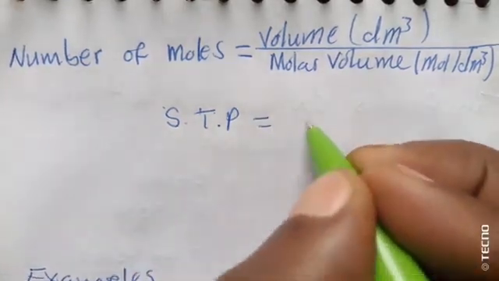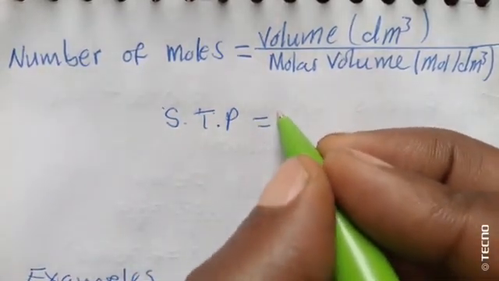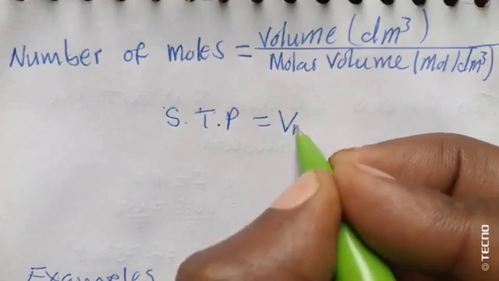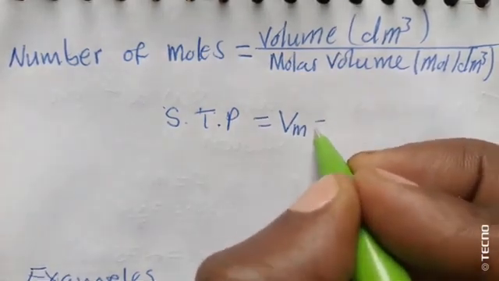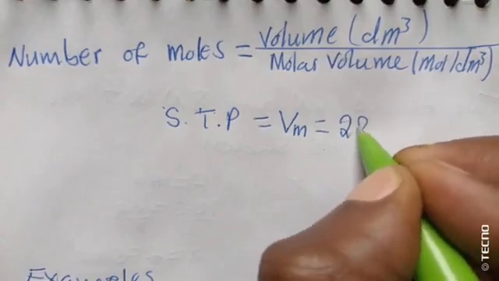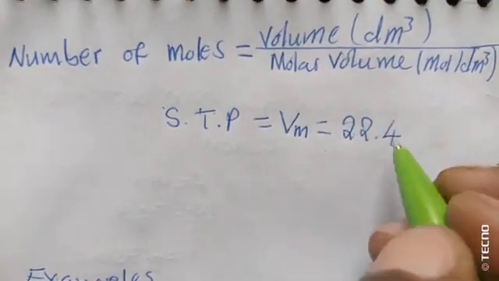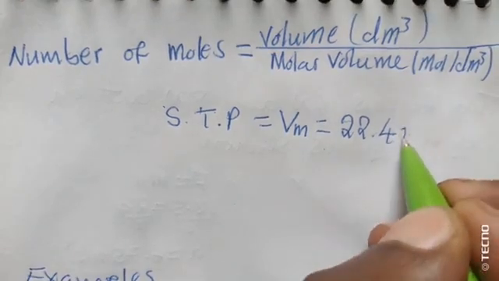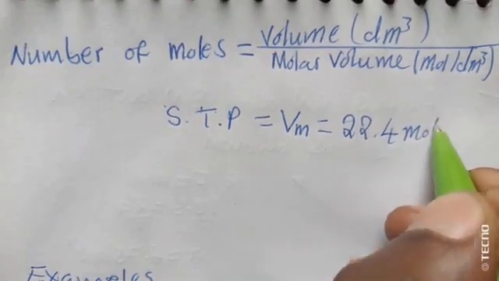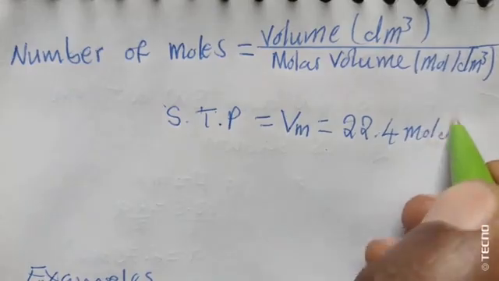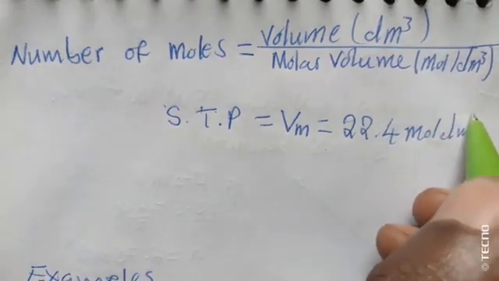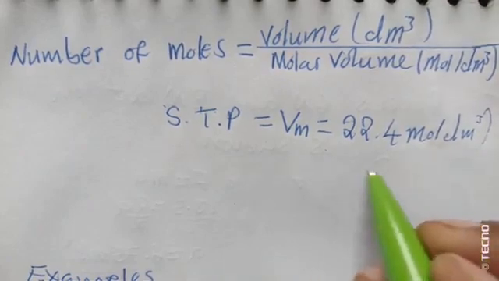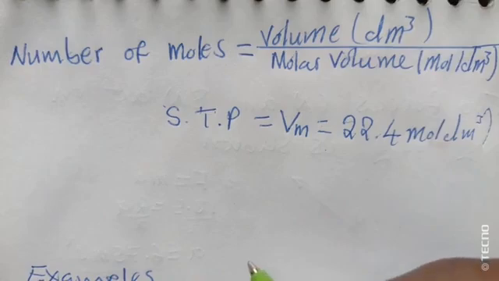At STP, the molar volume that we use, I'll say Vm, which is the molar volume, is 22.4 decimeter cube, per mole per decimeter cube. So this is the one that we use, which is the molar volume.